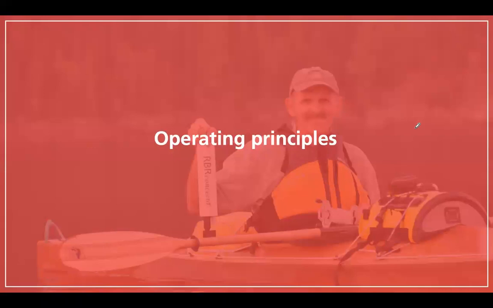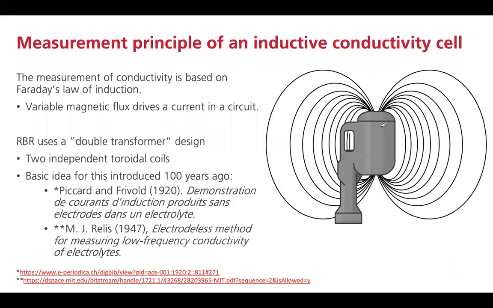It's time then to get into a little bit of the operating principles and how the inductive conductivity cell works. We go back to our university physics courses, and we have to remind ourselves what Faraday's law of induction is. I had to do the same. That's the basic principle of the cell: we're going to induce basically an alternating current in the seawater.